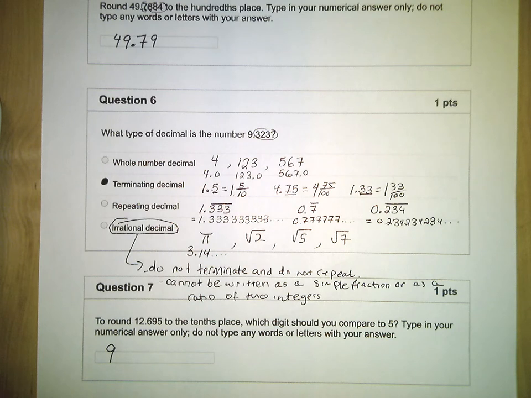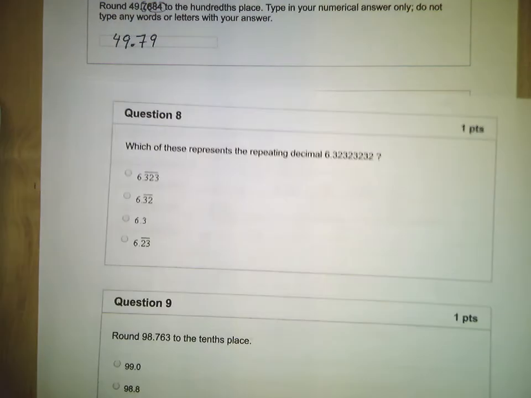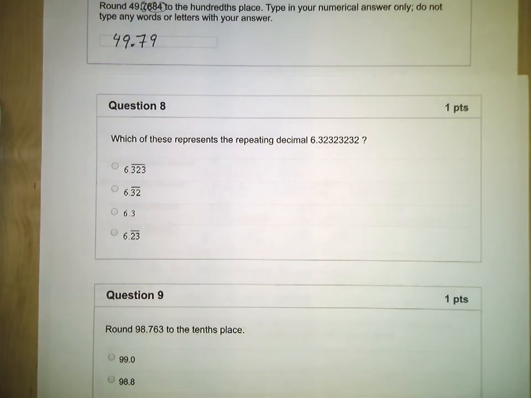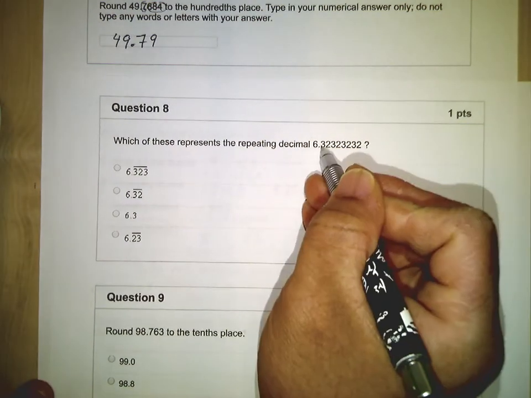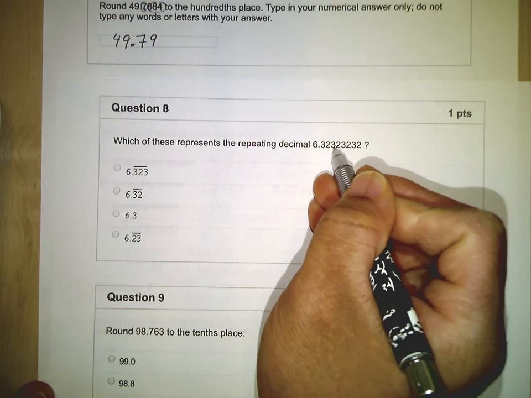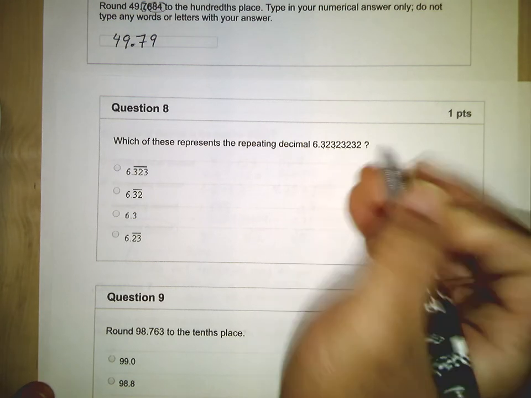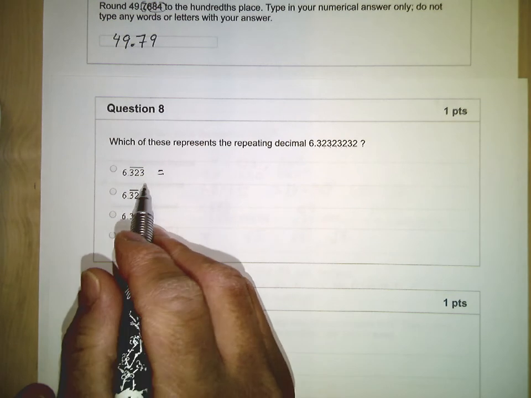All right, let's try another one here. Which of these represents the repeating decimal 6.32323232? Well, let's look at the first choice here.